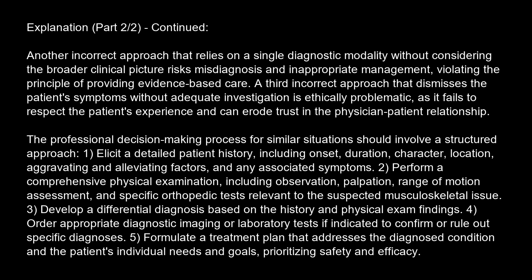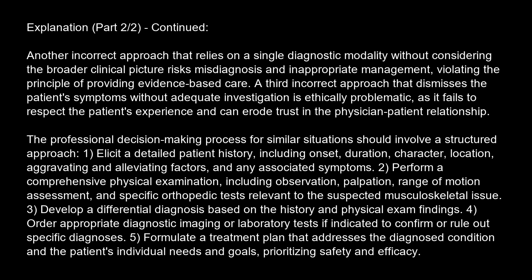The professional decision-making process for similar situations should involve a structured approach. 1. Elicit a detailed patient history, including onset, duration, character, location, aggravating and alleviating factors, and any associated symptoms. 2. Perform a comprehensive physical examination, including observation, palpation, range of motion assessment, and specific orthopedic tests relevant to the suspected musculoskeletal issue. 3.